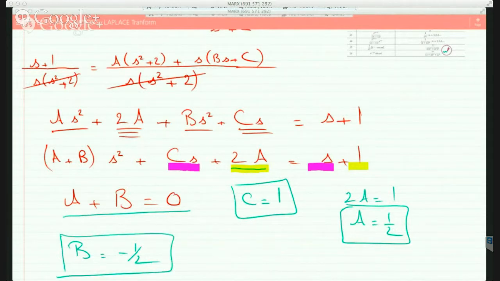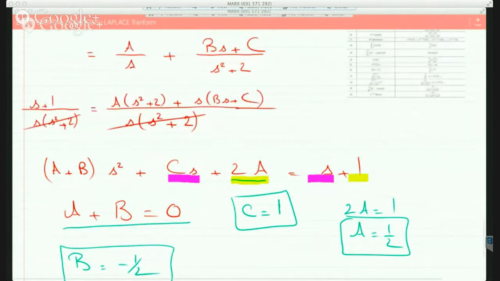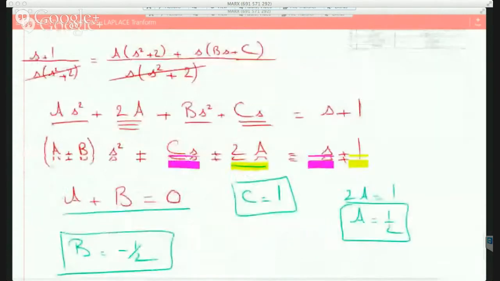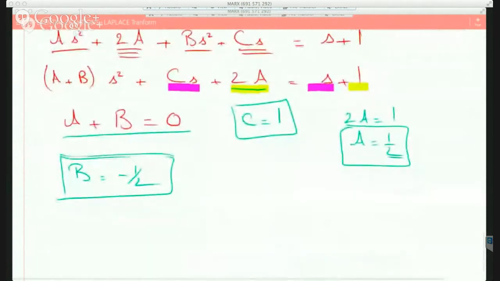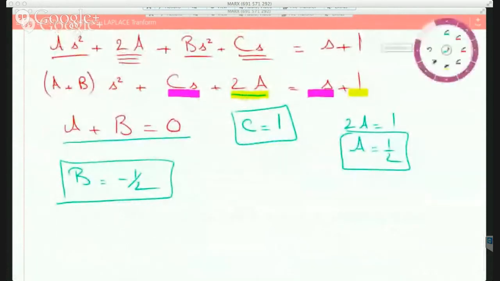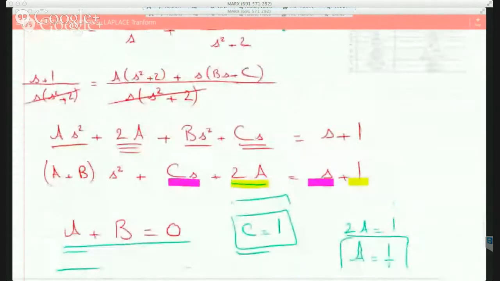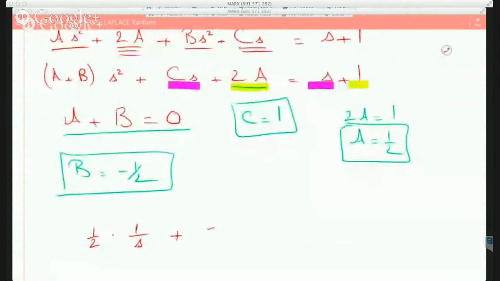So now we found the a, b, and c. Now we take them and we plug them back here. Okay? So this becomes a over s. So a over s is the same thing as saying half times 1 over s, plus bs plus c. So that's minus half s plus c, which is 1, over s squared plus 2.